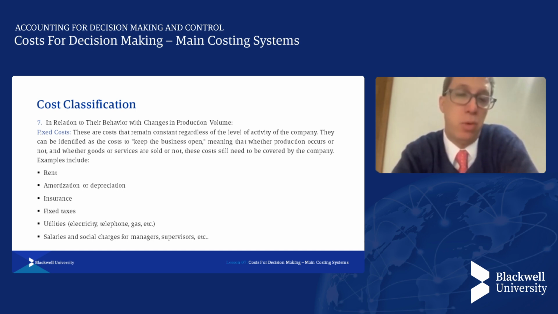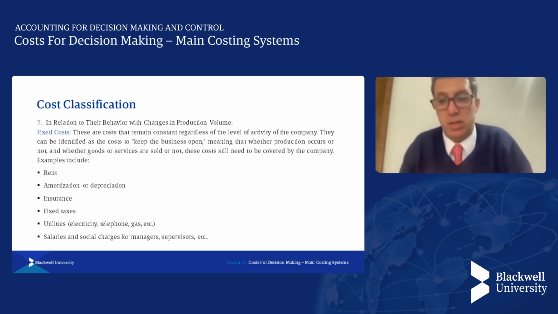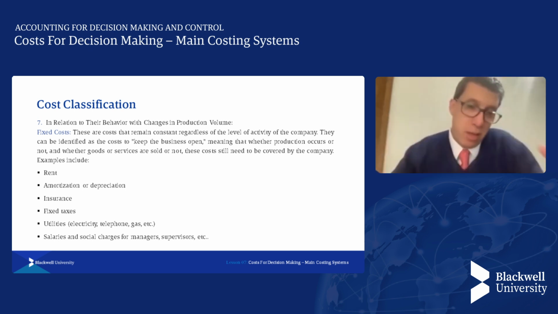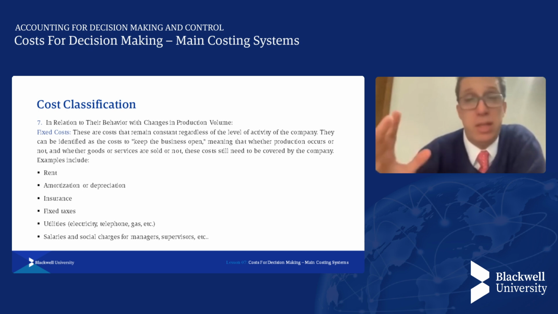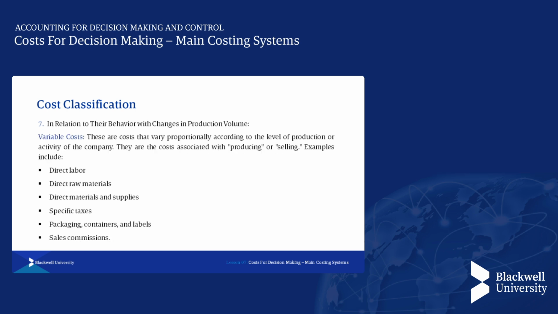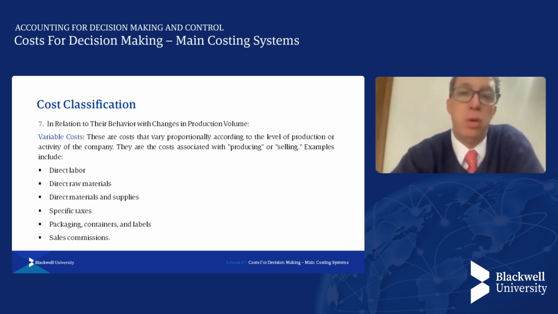And there appear, for example, rents, amortizations, insurance, fixed taxes, utilities, salaries, etc. at a certain level. As we mentioned, within the production range, it does not change whether I sell 10 or 100 units of that product. And, of course, also the variable costs, right?